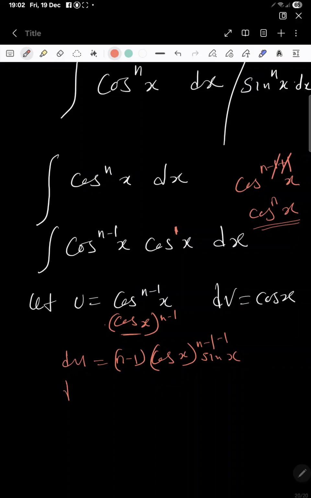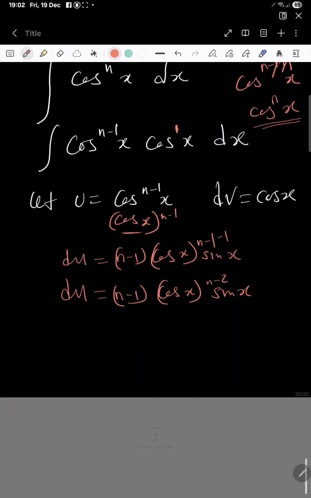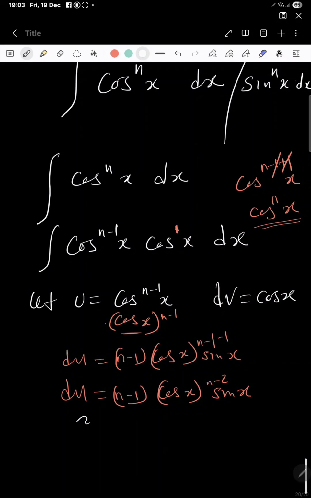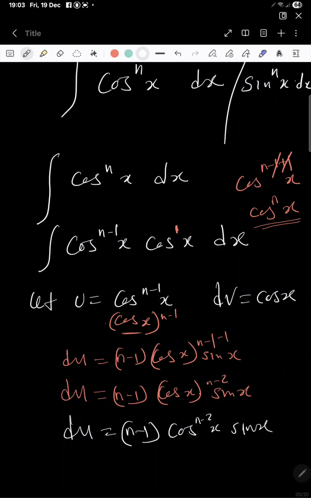So we have our du, which is equal to n minus 1 times cos x to the power n minus 1 minus 1, which is n minus 2, and then sine x. That can be written as du equals n minus 1, cos to the power n minus 2 of x, then sine x.